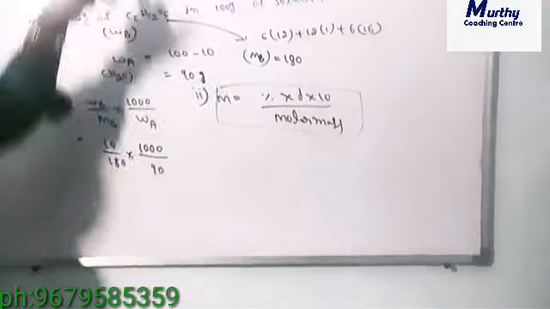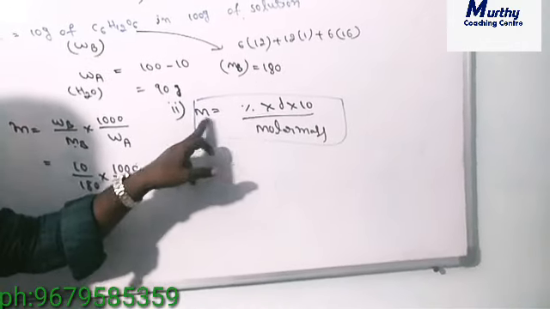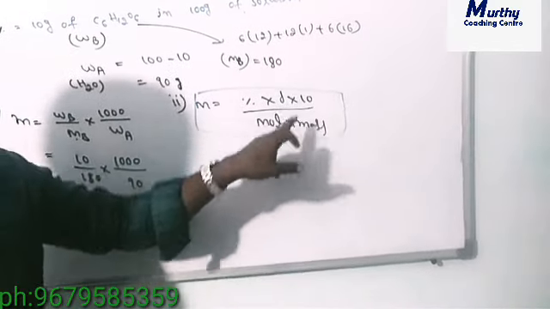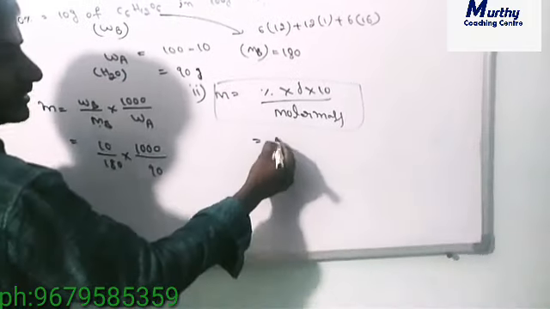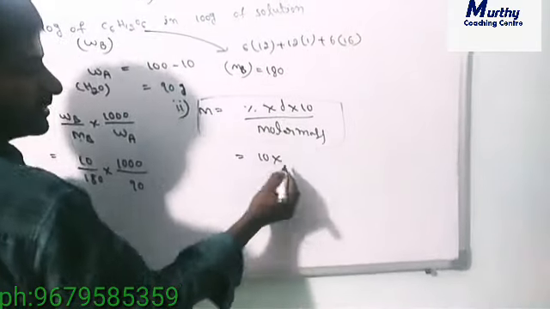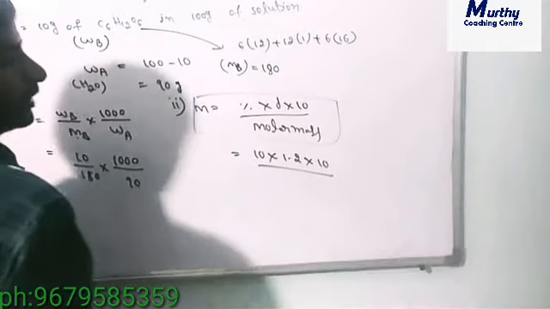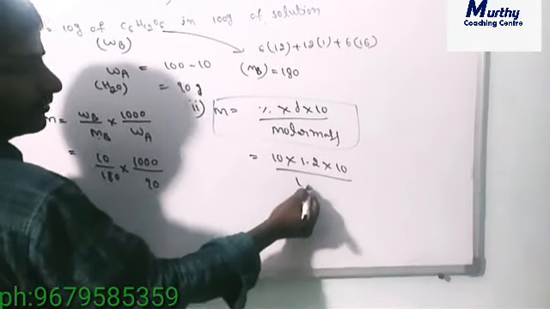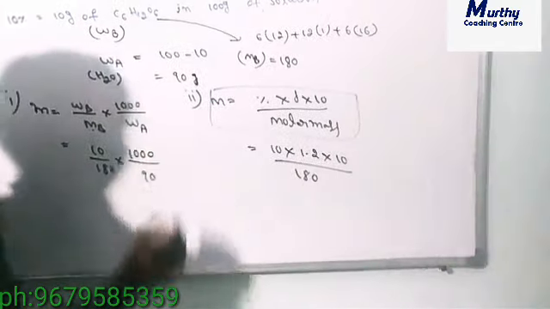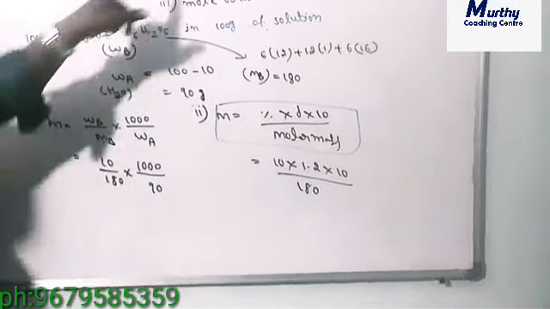So how much percentage? That is 10 percentage, into density, how much, that is 1.2, into 10 by molar mass, which is the solute molar mass, that is 180. If you simplify it, you will get the molarity.